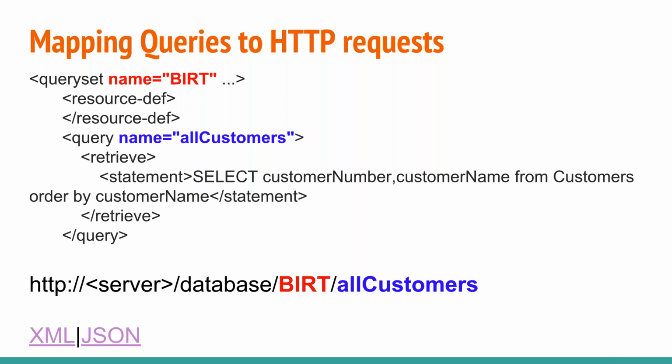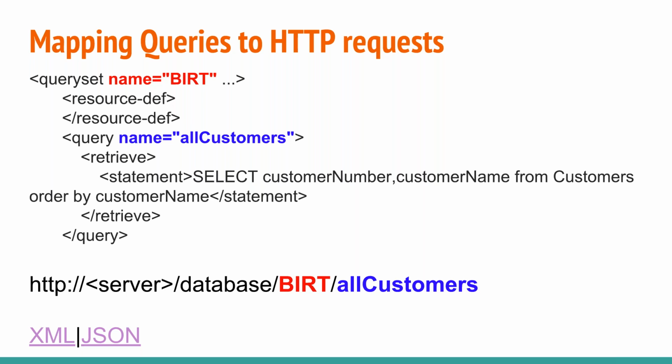It's an HTTP or HTTPS query with the server. The server is wherever the database connector is running, /database/ the name of the query set, BIRT, directly copied from the query set, and all customers, which is the name of the query itself. So very straightforward. Maybe take a couple of attempts to try this out to make sure you get it.